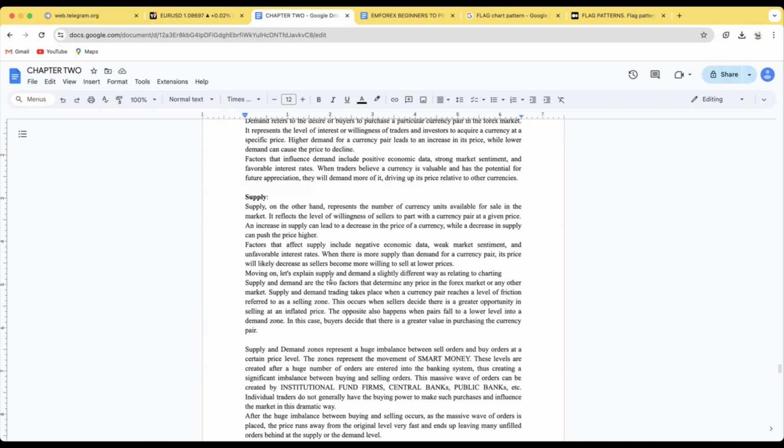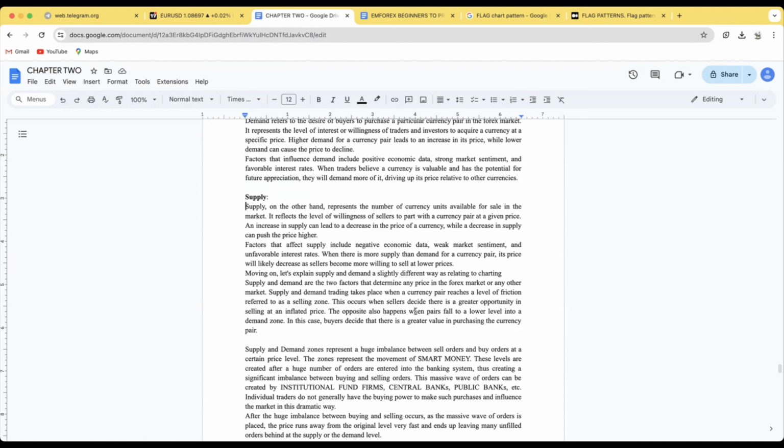Moving on, let's explain supply and demand a slightly different way as relating to charting. Supply and demand are two factors that determine any price in the Forex market or any market. Supply and demand trading takes place when a currency pair reaches a level of friction referred to as a selling zone.